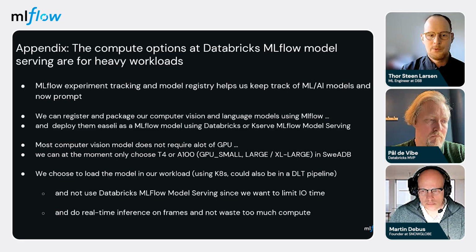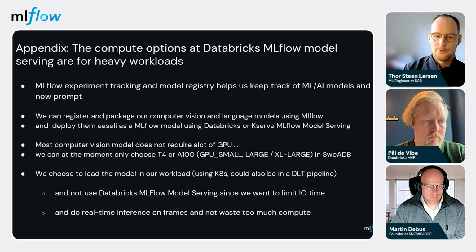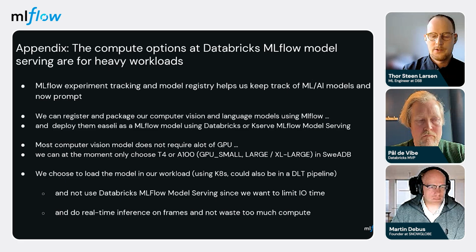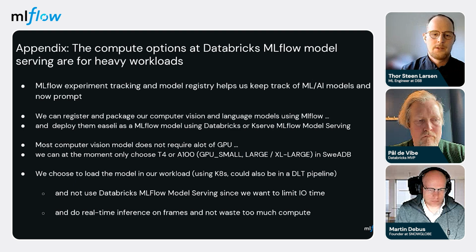So what we ended up doing is that we just loaded the model into our workload. You can do that using a Delta Live Tables workload if you want to do streaming. In our case, we used a Kubernetes Docker build. So we just called the Databricks MLflow API and loaded our custom Python model into the application.